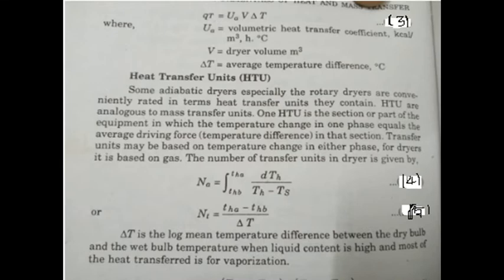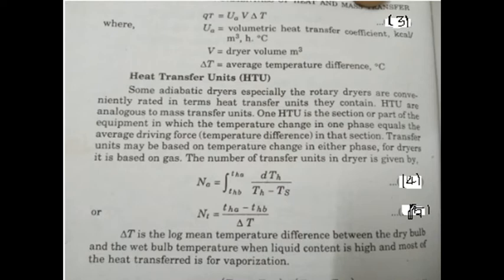Next one is the heat transfer unit, that is HTU. Here adiabatic dryers, especially rotary dryers, are conveniently related in terms of heat transfer unit. So here HTU is analogous to mass transfer unit.